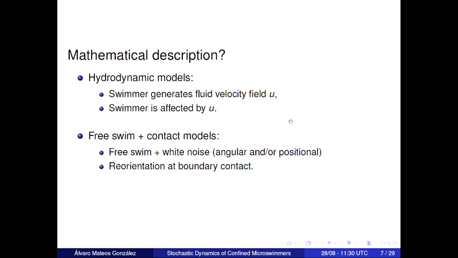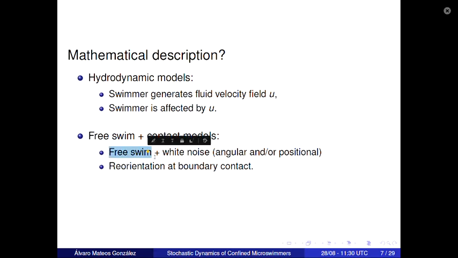Basically, in the literature, there are two families of models. One of them deals with the velocity fields that are generated by the motion of the flagella of these cells, as well as the whole cell, of course, and how this motion generates a velocity field in the fluid, which in turn affects the velocity and position of the microswimmer. So these are hydrodynamic models, and there are also some models which abstract the hydrodynamic aspects into just saying that the microswimmer moves in a certain way.